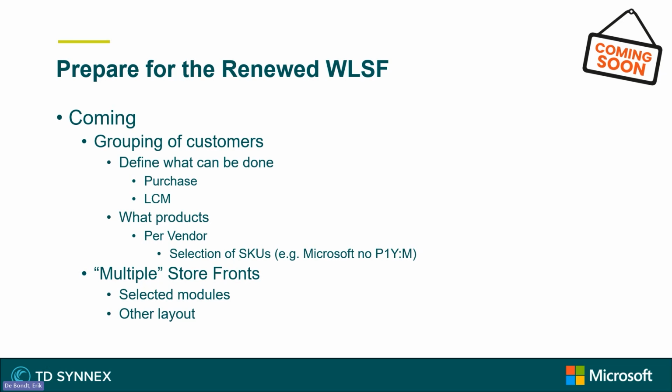So it's a much more appealing environment for your customers, but also for you, because you can now really pinpoint: that customer, we trust them, full access; that customer only lifecycle management; that customer can purchase but only the B plans, so Business Premium, Business Basic, Business Standard, and Apps for Business, whatever you have.